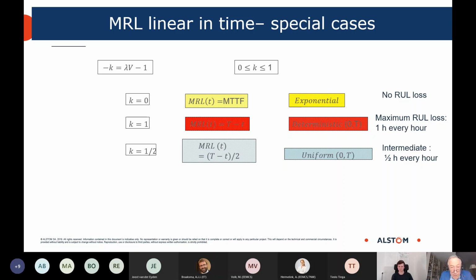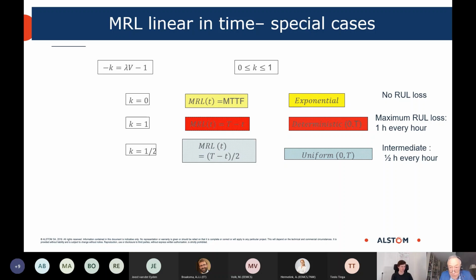No wear, no aging. In the opposite extreme, if you put k equal to 1, then we have the MRL, which is T minus t. The remaining useful life, or the average remaining useful life, is simply the difference between the time of death, let's say, and the current time. So it's deterministic in that case. It's the maximal possible loss.